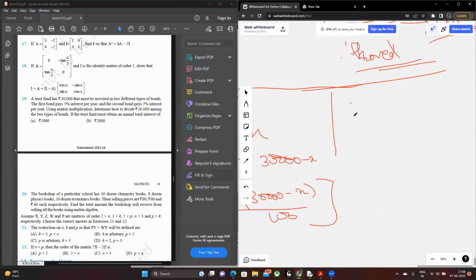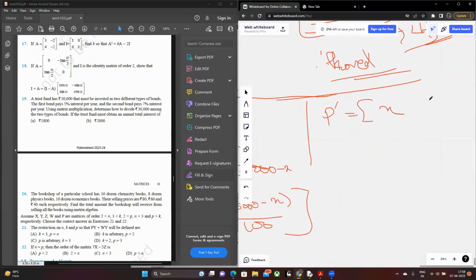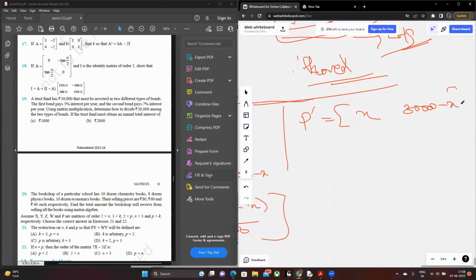Given that your investment matrix P dash is going to be x, 30,000 minus x. This is for type 1, this is for type 2. And your rate matrix R dash is going to be 5 by 100 and 7 by 100.